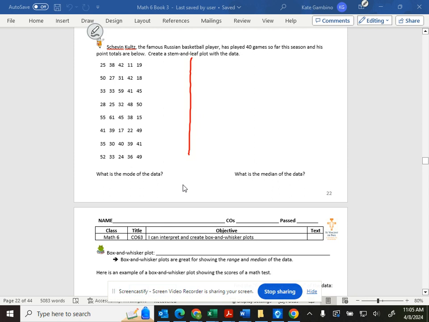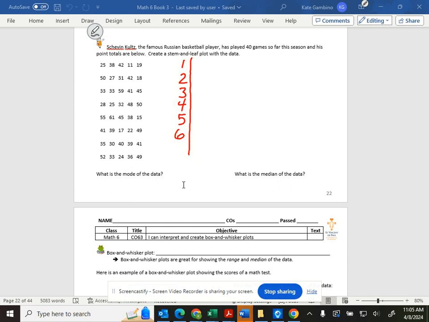Thinking back to the customers' ones, what should I start with, Melanie? Yeah, we could start with 1. So what would I put next? 2, 3, 4. How high up do you think I need to go? For my stems, I need to go up to 6 because there are no 70s listed.